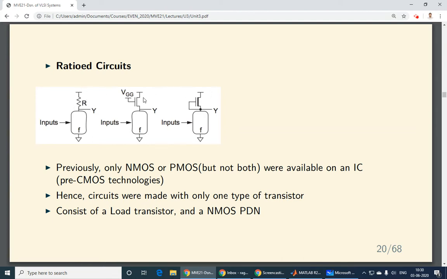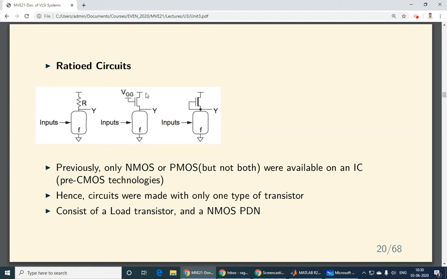In the second one, we can get rid of this resistor if we use an NMOS transistor. If you remember from before, NMOS is generally not used in the pull-up network because it's not a good conductor of logic high. But we're doing something different to get rid of that problem. We are using a different power supply, VGG, and its value should be such that this conducts all the way up to VDD.